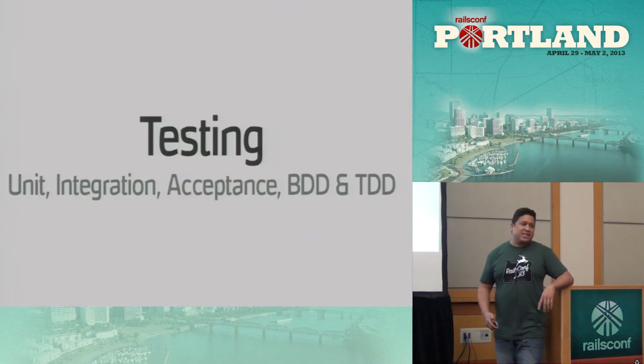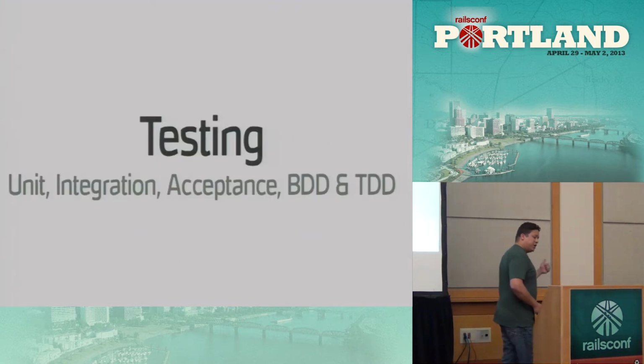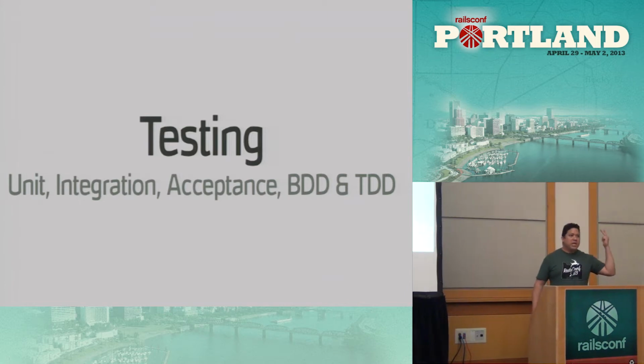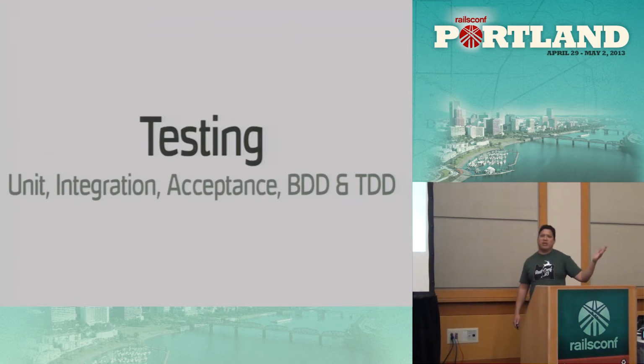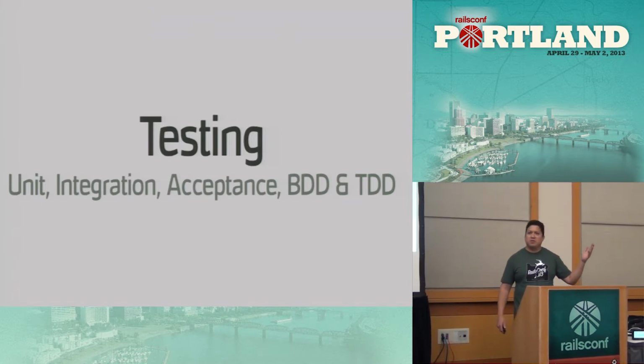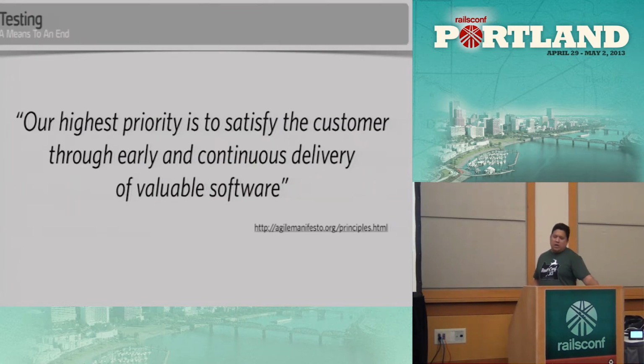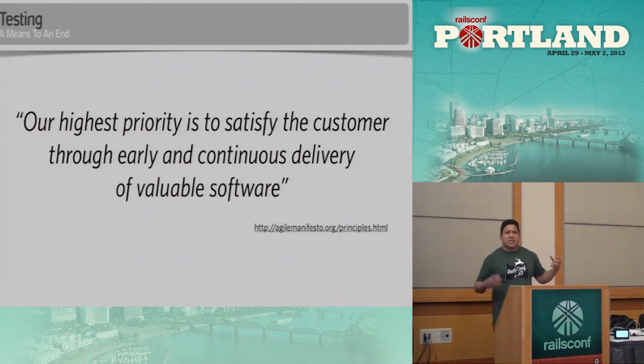All right, so let's talk about testing. Unit, integration, acceptance, behavior-driven development, and test-driven development. It's a lot of acronyms to be thrown out there. In the Agile Manifesto, this is the actual phrase that stood up in my mind when I was trying to correlate testing with the quality of our applications.